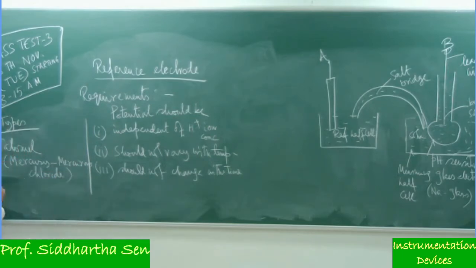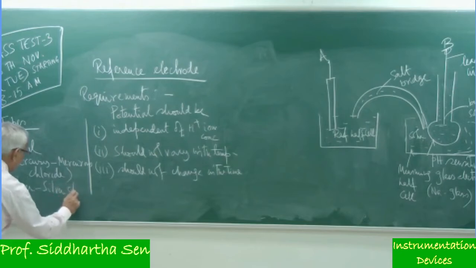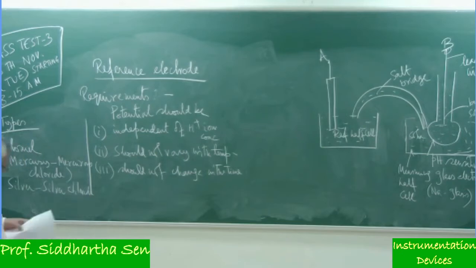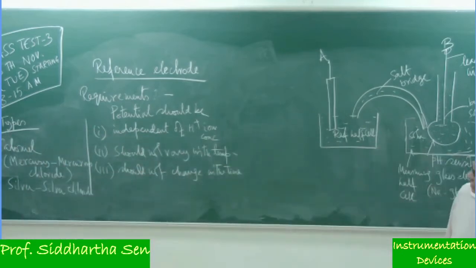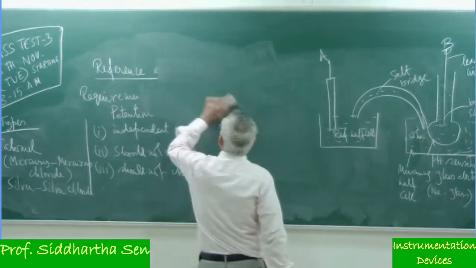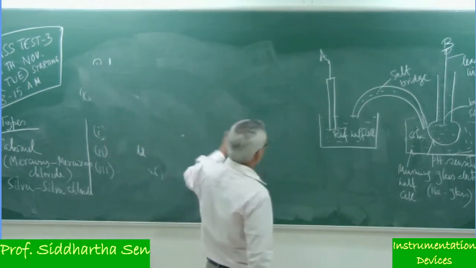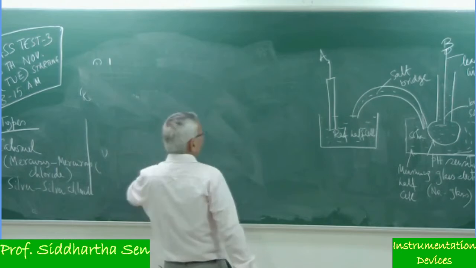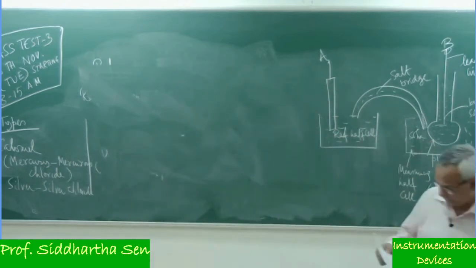And another one is silver chloride. A calomel reference cell looks like this, though I have shown it in this manner. It is not the actual reference cell, but it looks like this.